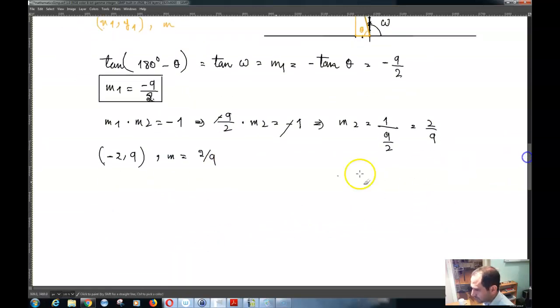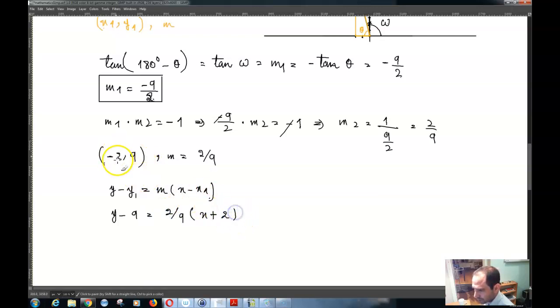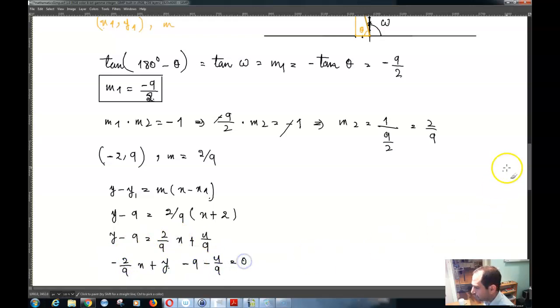Then you can simply use the equation y minus y1 is equal to m times x minus x1, and write it as y minus 9 is equal to 2/9 times x plus 2, because it's a negative number. So y minus 9 is equal to 2/9 x plus 4/9, or you can say negative 2/9 x plus y minus 9 minus 4/9 is equal to 0.